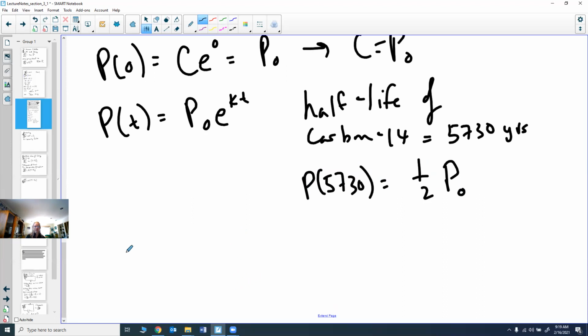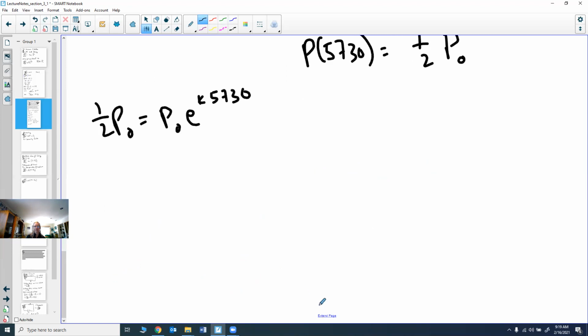Okay, so we can use that idea. If we have half of what we started with when t is equal to 5,730, we would be able to solve this equation and find k, because the only thing we don't know now is k. Notice your P0s would cancel from both sides of the equation. So 1/2 is equal to e to the 5,730 times k.